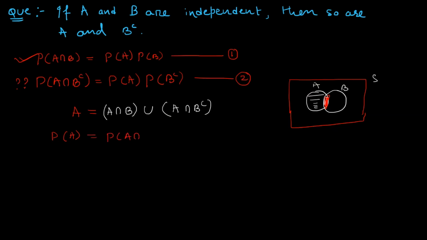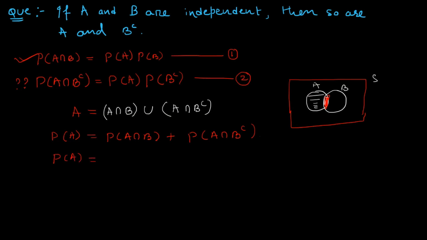You can add them: probability of A intersection B plus probability of A intersection B complement. This expression is the same as the left hand side of equation 2, right? So let's move forward without any fear.